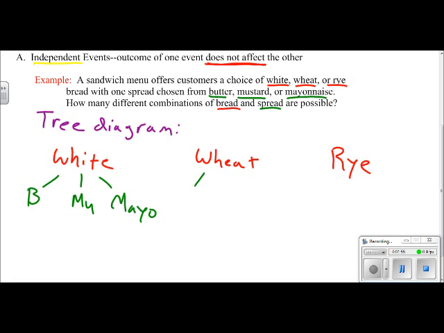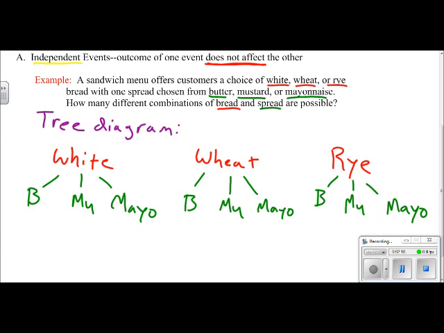If we're using wheat bread, we could also have butter, mustard, or mayonnaise. And if we're using rye bread, again, butter, mustard, or mayonnaise are our possible spreads. So it looks like we literally have every single possibility mapped out.